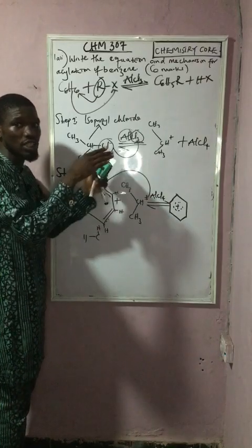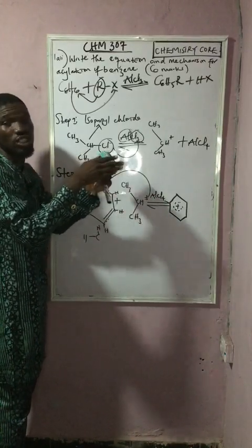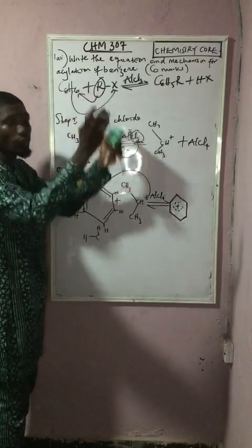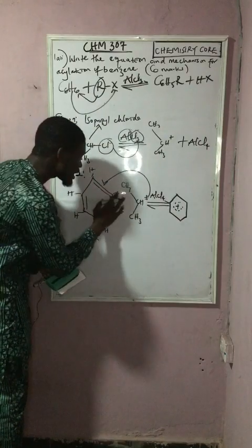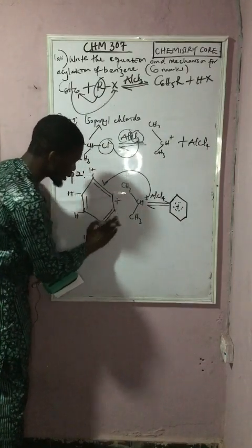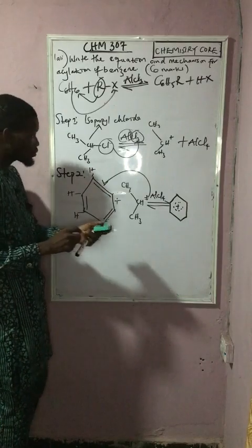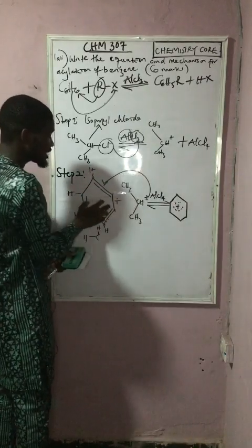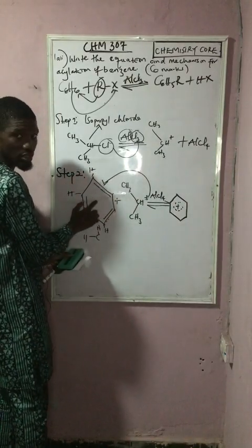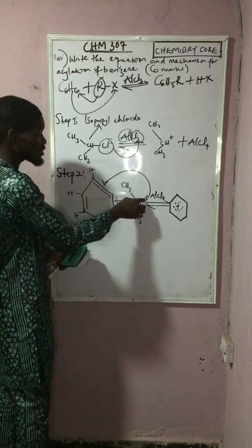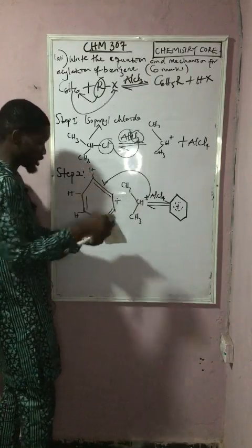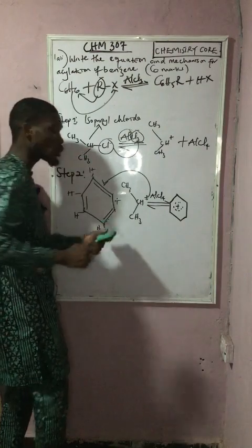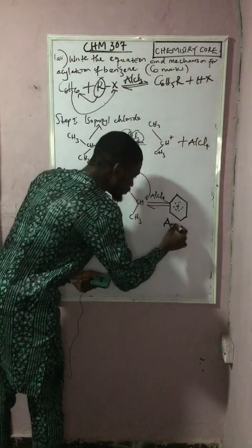But if you are to show it in the structural formula, we'll be showing something like this. So this thing is not here initially, so you have to clean it again. What you have here is the benzene. So for this positive sign here to be attacking this particular double bond here now, we are going to form what we call an arrhenium ion.